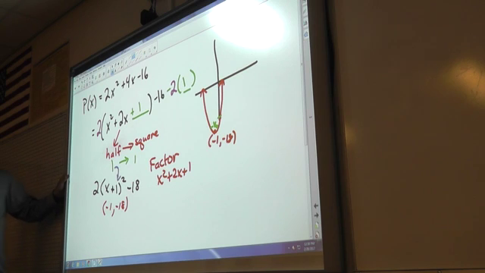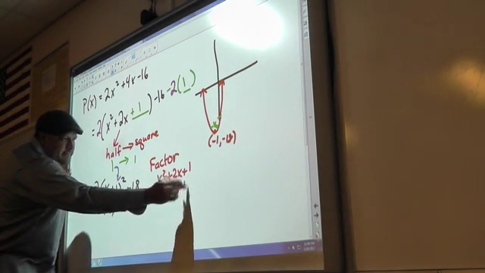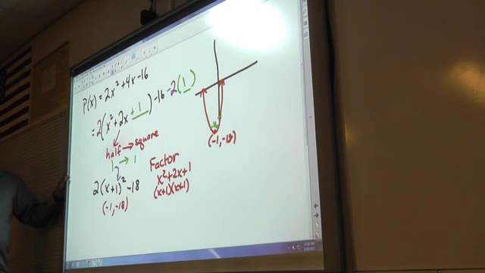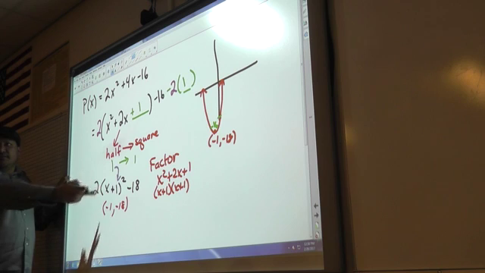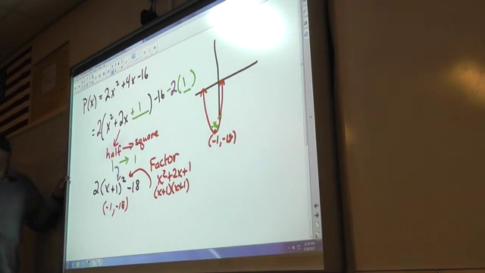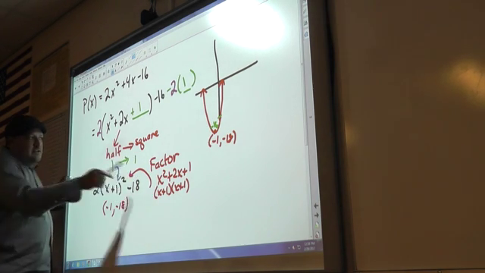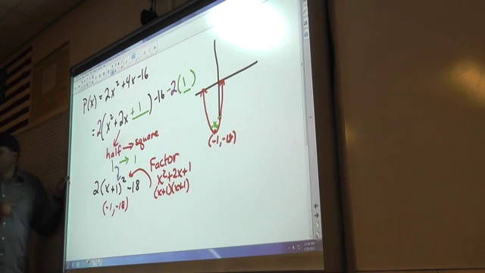It's x plus 1, x plus 1, right? Well, x plus 1 times x plus 1 is x plus 1 squared. But what I'm telling you is you don't even have to do that. You don't have to do this on the side. You automatically have it right there.